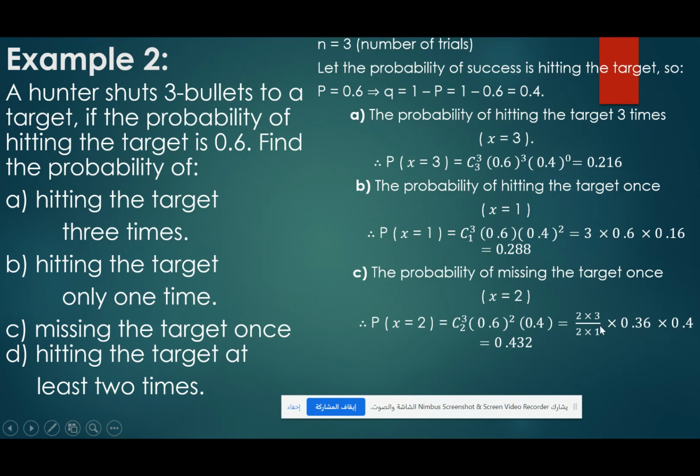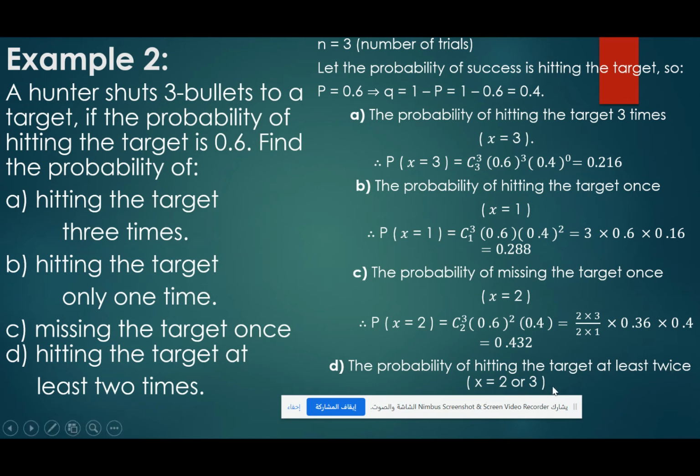Now you can multiply this all or cancel 2 with 2, and then you will get the answer, which is 0.432.